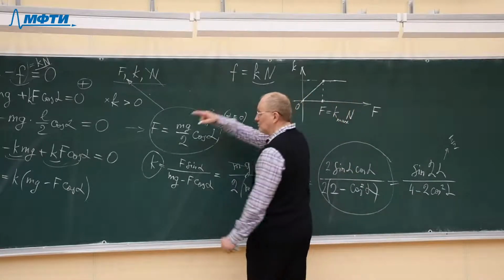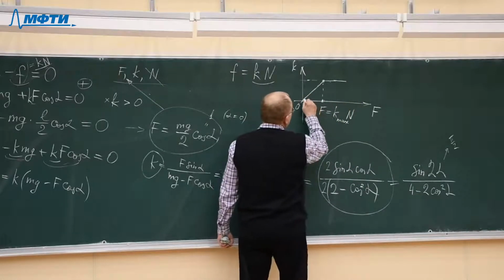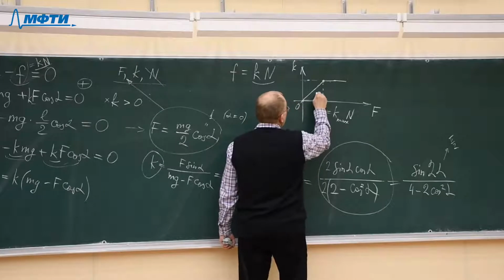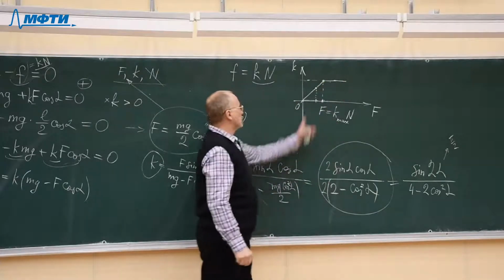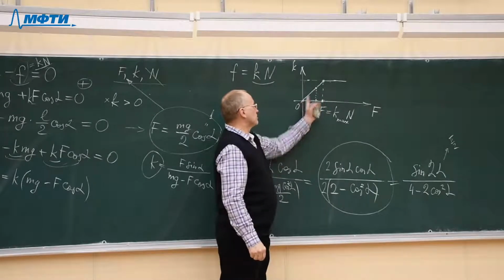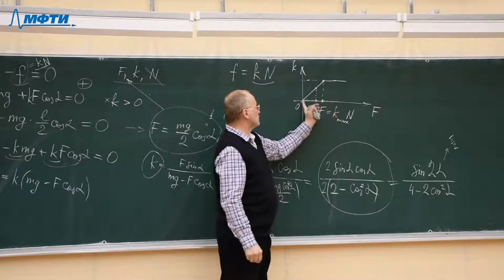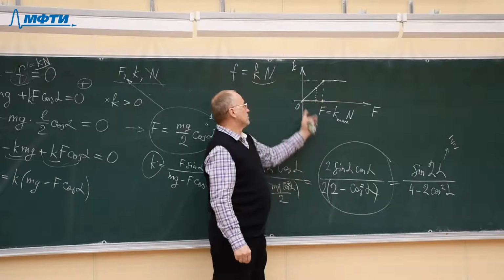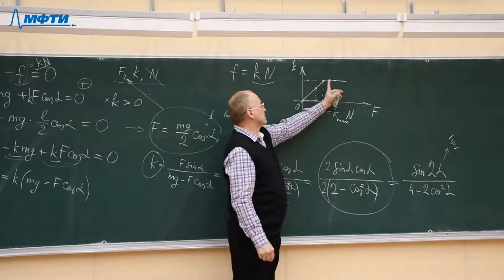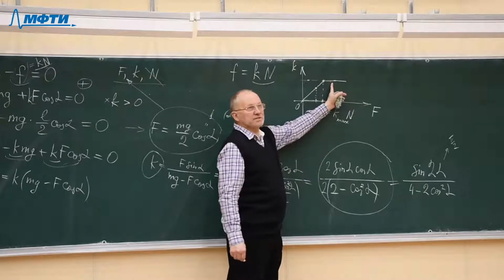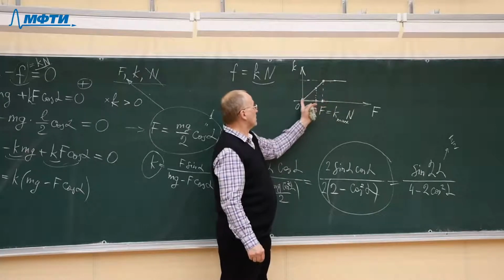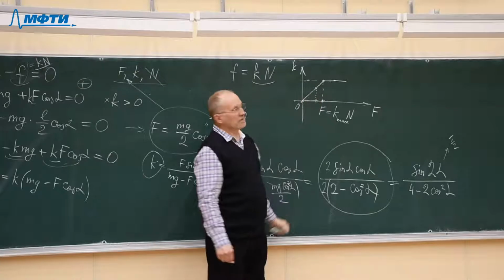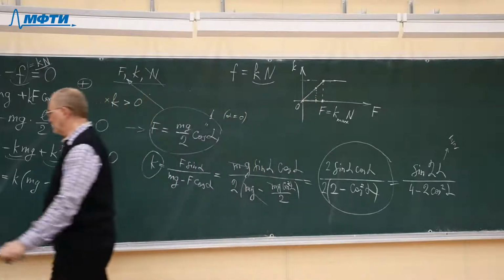So in our process, the coefficient of friction may vary from 0 to some maximum value, but the slipping will never occur. The coefficient of friction will vary, but we will never reach the situation when the rod slips on the surface. We will go along this section of this curve.